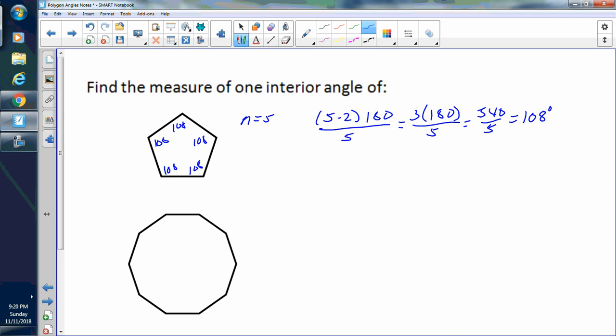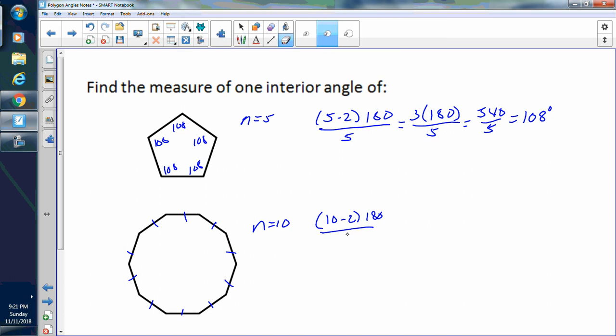Now in our next shape, we have 1, 2, 3, 4, 5, 6, 7, 8, 9, 10 sides. So n is 10. The total of all the angles is 10 minus 2 times 180. And then we have to divide that by 10, the n value.